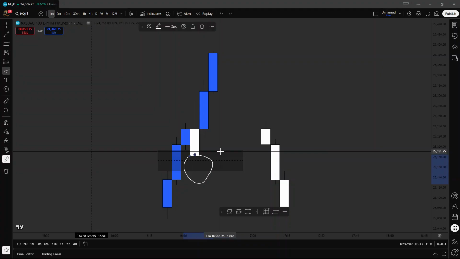I will explain later what it means if it closes below it. Right now it did not close below the gap, but it respected it, and that means the fair value gap was good, and then it will push price to the upside.